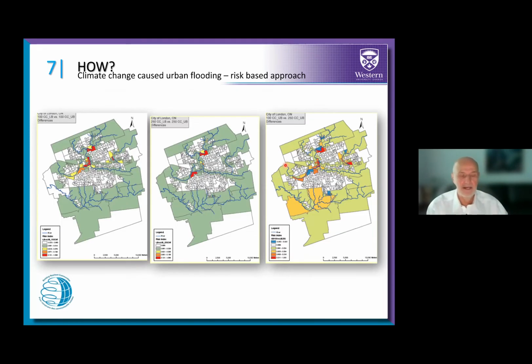We can compare, let's say, 100-year flood events to 250. We can compare 250 for lower and upper bound. We can compare the 100 and 250 on both sides.